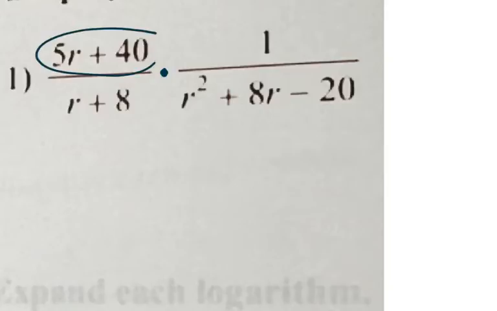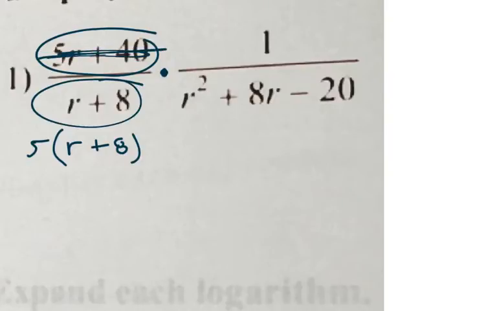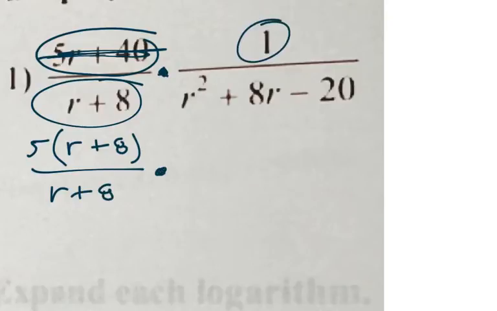So notice this right here, I can do a GCF of 5, right? So if I do a GCF of 5, I know that's R plus 8. So that's done. The denominator stays R plus 8. We have a times. A 1, of course, stays a 1.